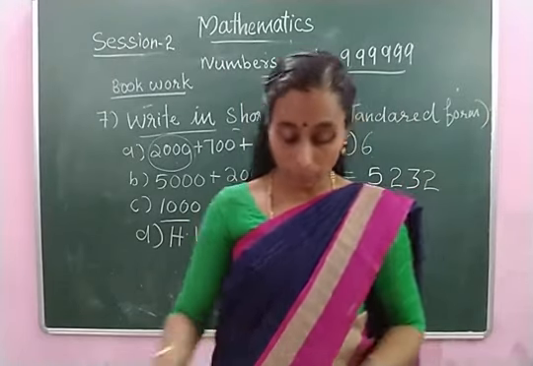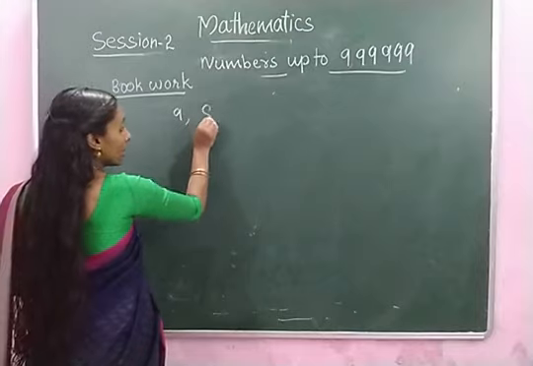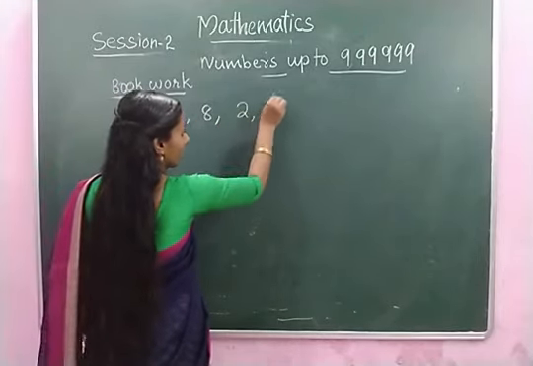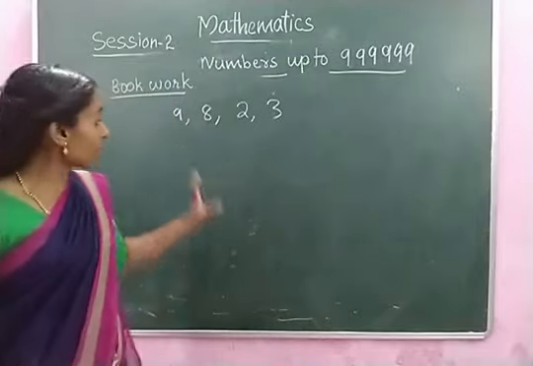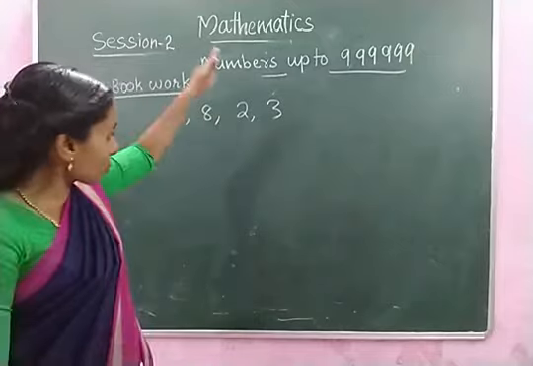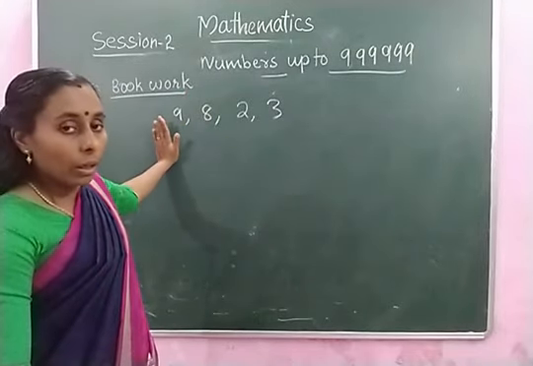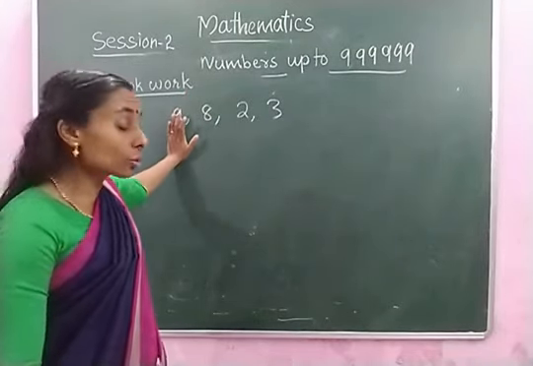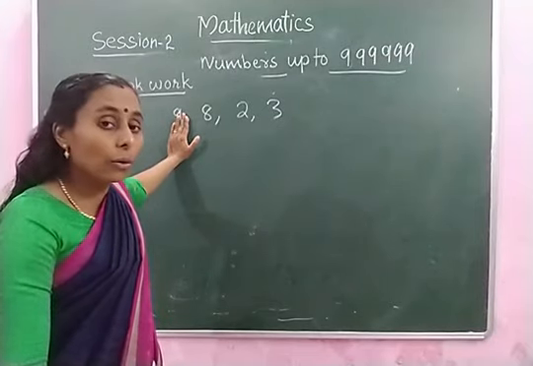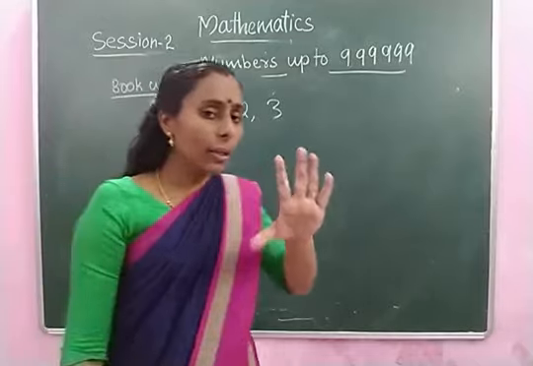Okay, I shall explain. 9, 8, 2 and 3. 4 digits are here. This is only digits. While using these 4 digits, we have to form the smallest 4-digit number.